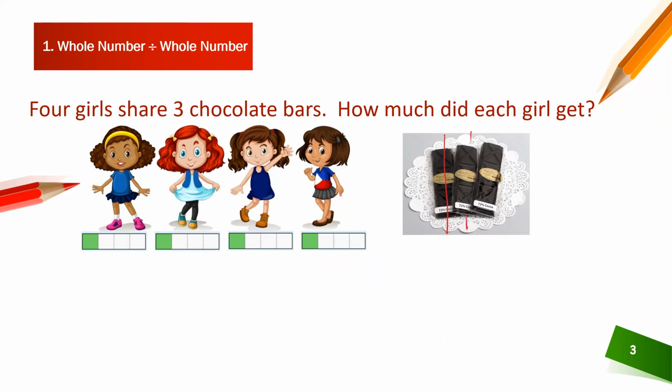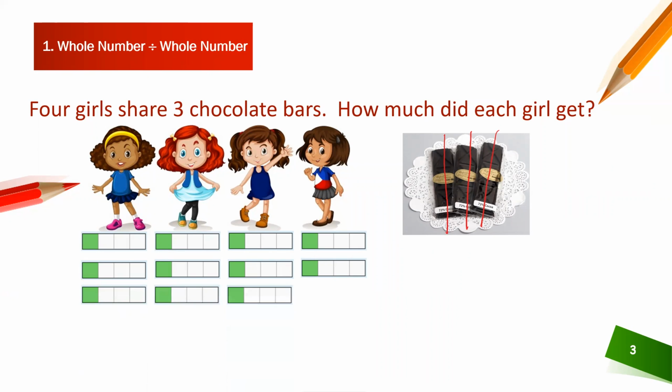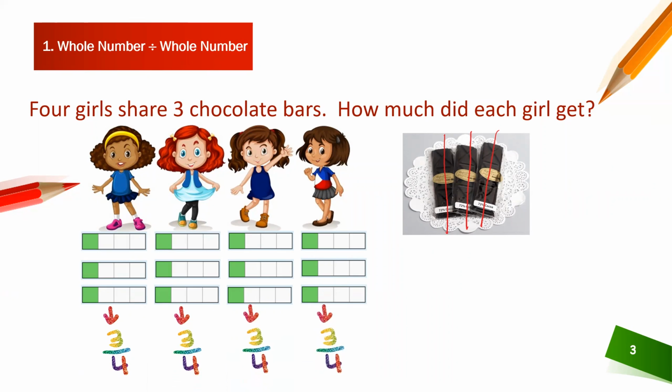Then take the second chocolate bar, give each one of them a quarter. And then take that last chocolate bar and give each one of them a quarter. So altogether, each one of them gets 3/4 of a chocolate bar.